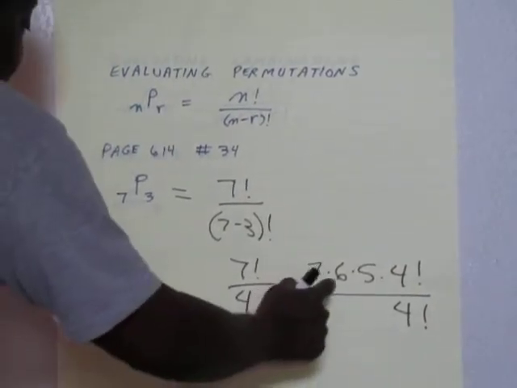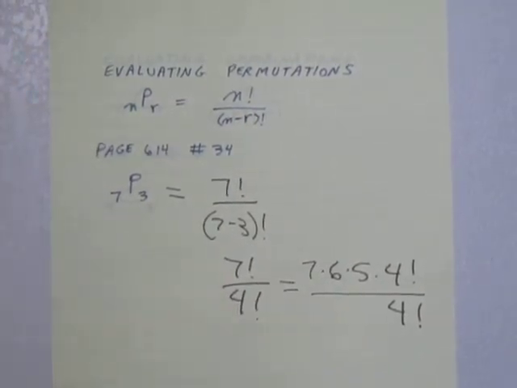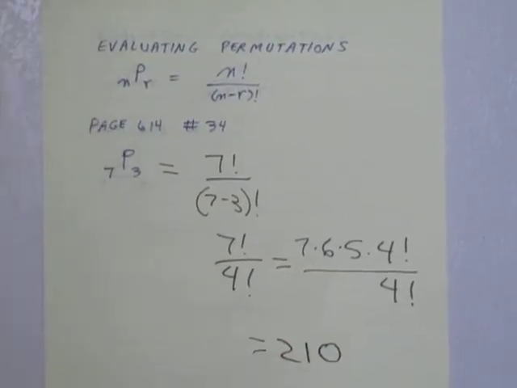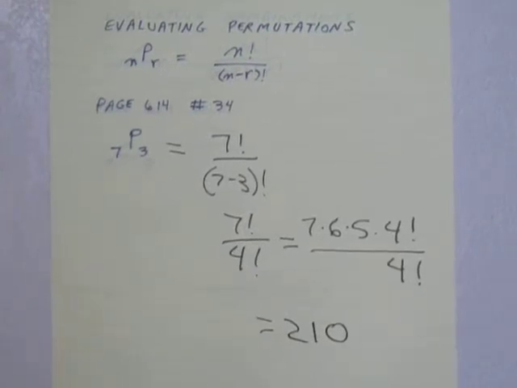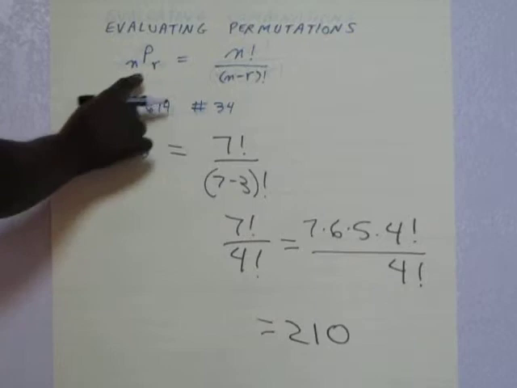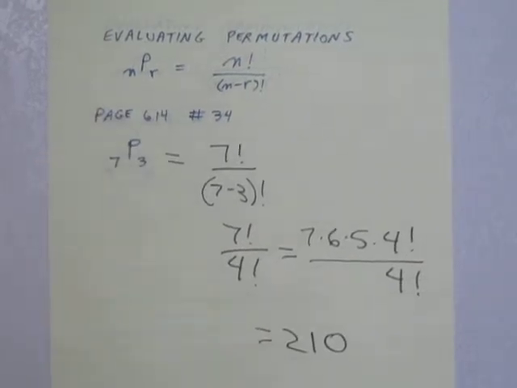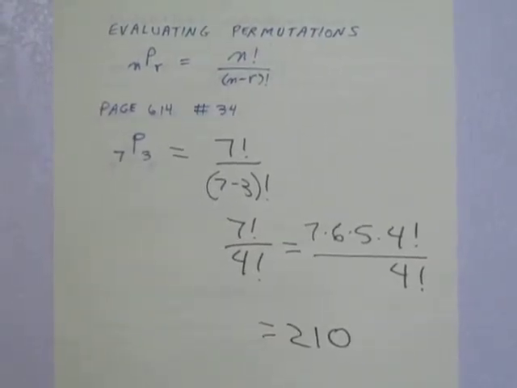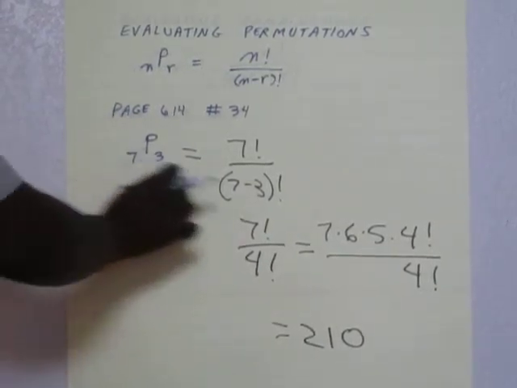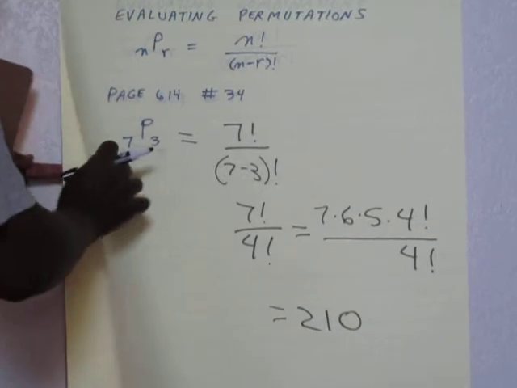What's left is 7 times 6 times 5, and that is 210. A lot of scientific calculators will have permutations somewhere in the menu. Check your manual. You may be able to do problems of this type very simply on your calculator.